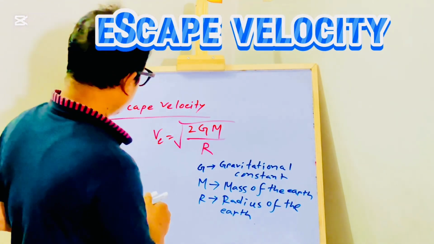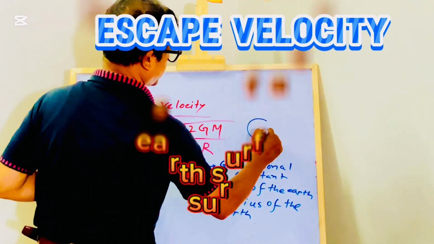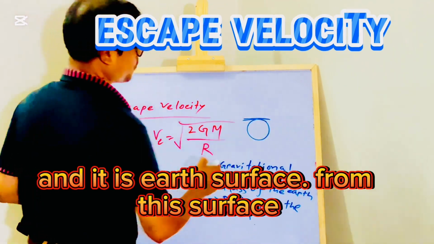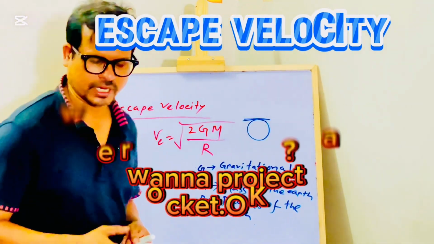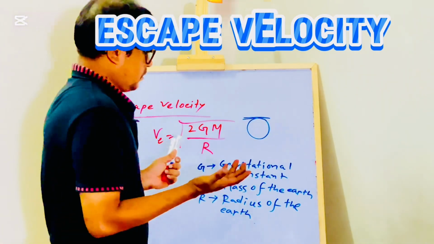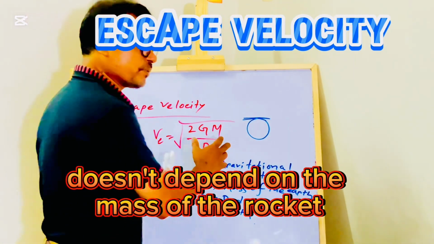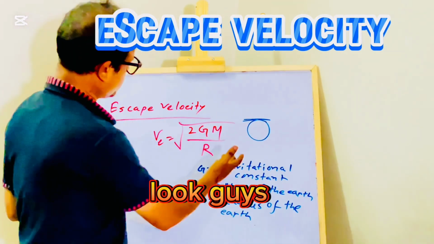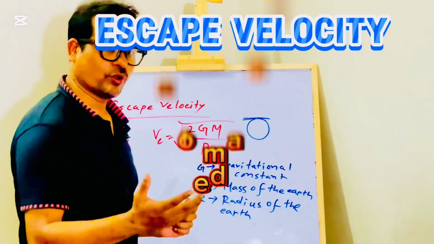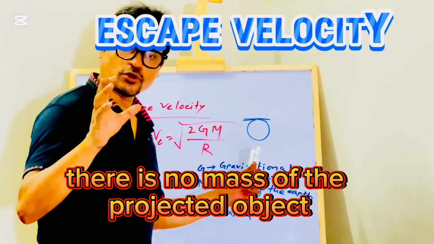Suppose this is Earth, and this is the Earth's surface. From this surface, we want to project a rocket. So the escape velocity of the rocket doesn't depend on the mass of the rocket. Look, guys, in the formula there is no mass of the projected object.